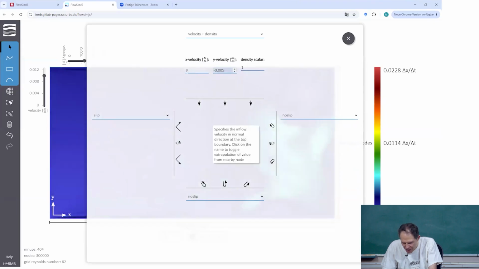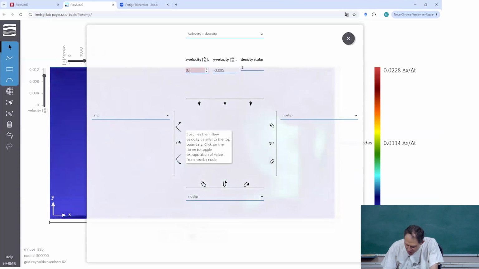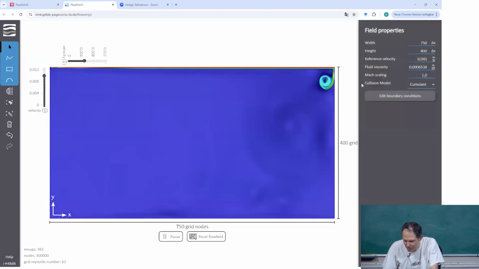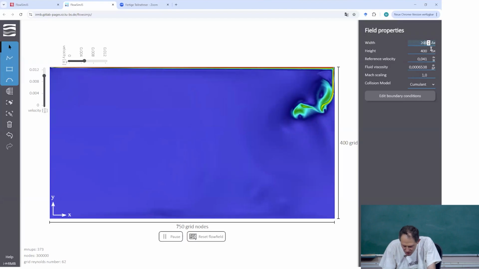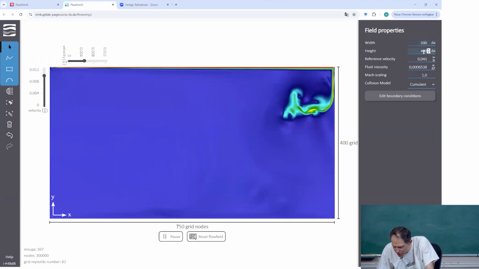And up here, we would have to have the horizontal velocity. Say we put the horizontal velocity to 0.1. Then we potentially want to have this more symmetric. So let's put this to 400. Let's do both 200.